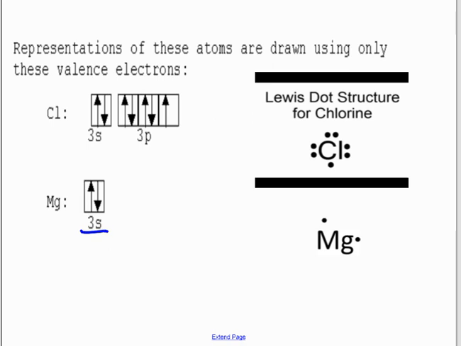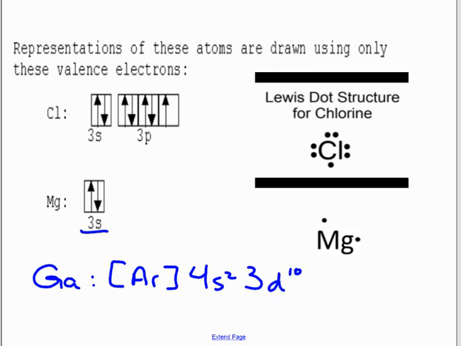For example, if I was to draw gallium, we remember that gallium starts filling in after we've already done all of the inner electrons for argon. Then you would go to 4s for 2, 3d for 10, and then 4p for 1 to make the electron configuration for gallium.